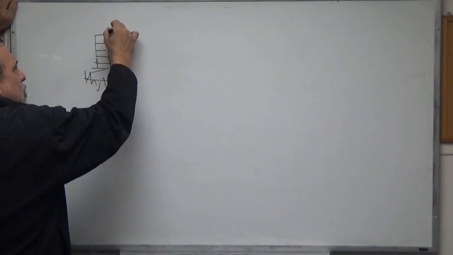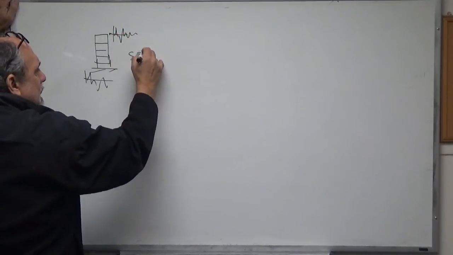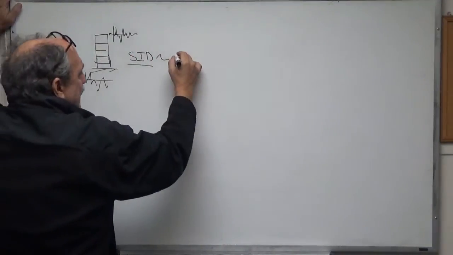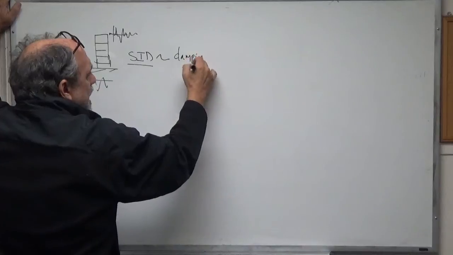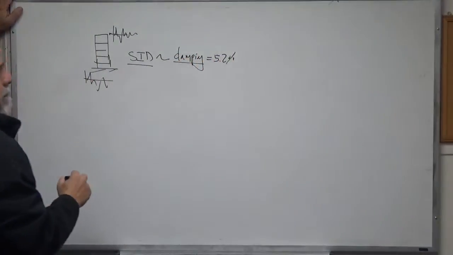So if we have buildings that have been subjected to earthquakes, right? So here is this earthquake, and we measured how the building moved, system identification allows me to find that this building had a damping ratio, let's say, on the first mode of 5.2%, right?